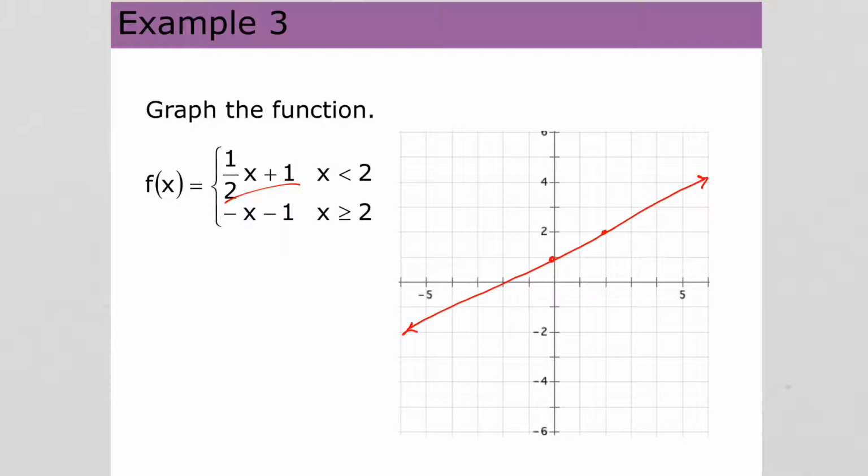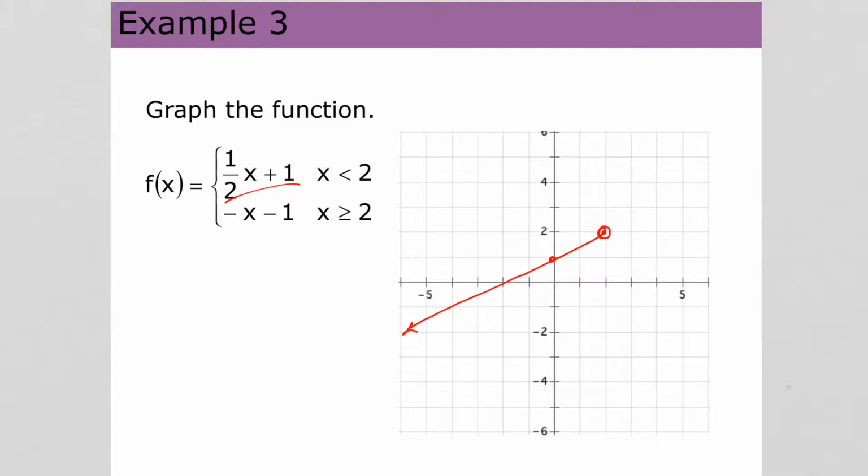It is defined where x is less than 2. So basically, everything that's greater than 2, I'm going to erase. Everything that's greater than 2 is going to be erased because it's only defined less than 2. And it's not defined at 2, so I need an open dot there.